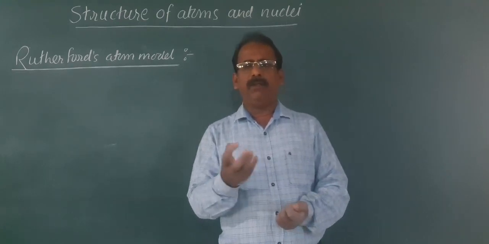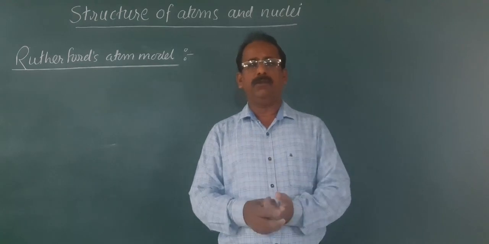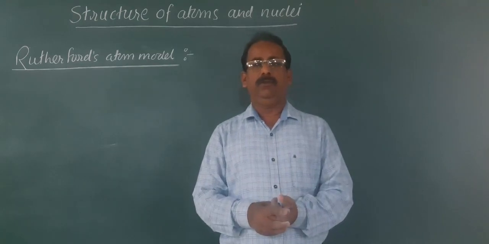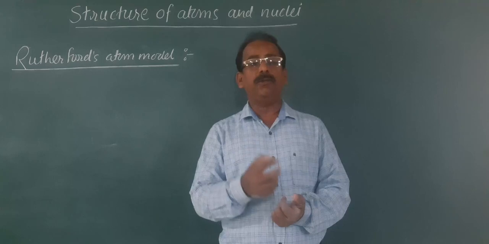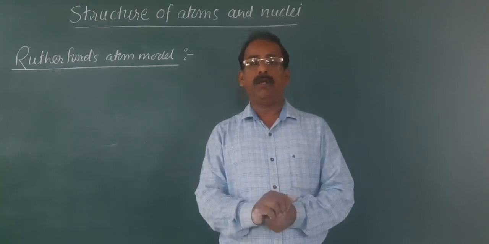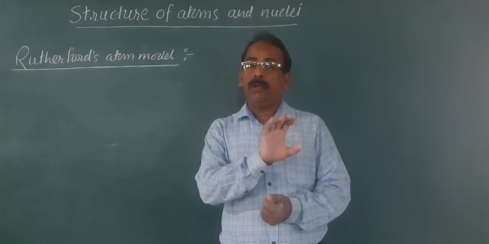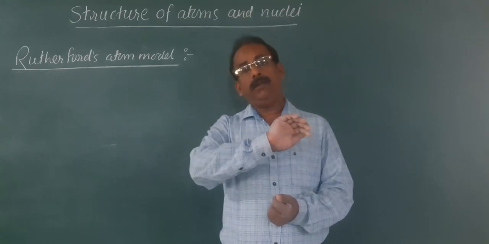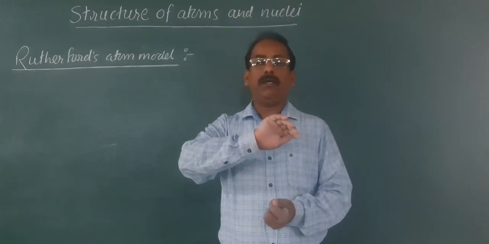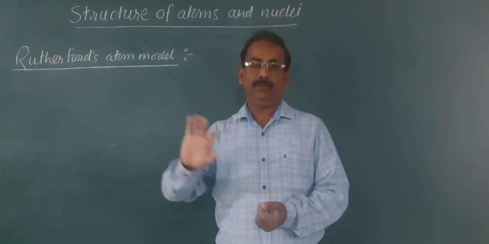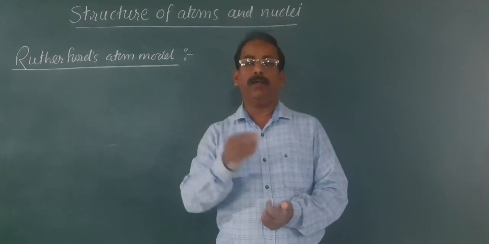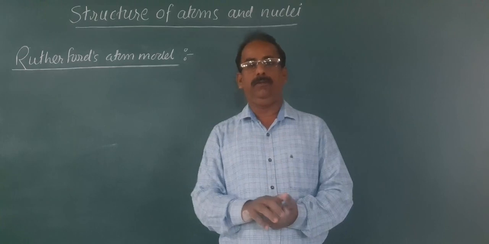And this particle should be very, very small in size. Why? Because in the experiment we have seen that 99.9% of alpha particles go without any deviation. Only a few get deflected through some angle.